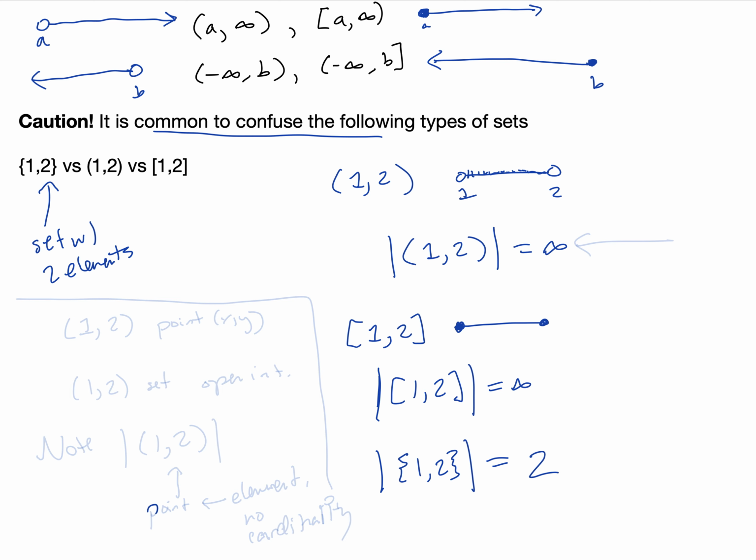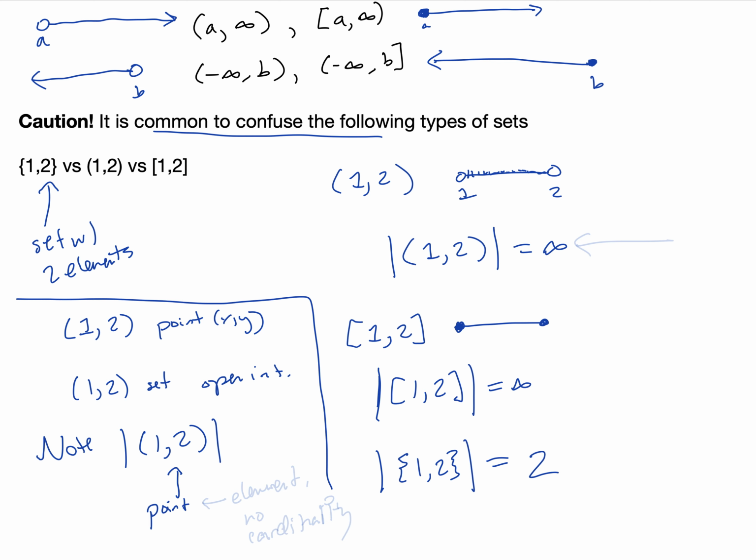One other point, note that there's unfortunately another place where we use the same notation for different things. (1, 2) sometimes means a point, (x, y), and sometimes means (1, 2), a set, an open interval. Hopefully these will usually be clear from context which we're talking about, but note that we can't talk about, say, the cardinality of the point (1, 2).